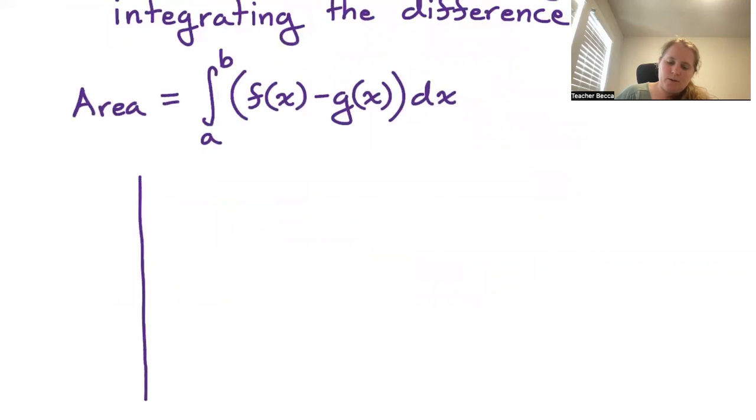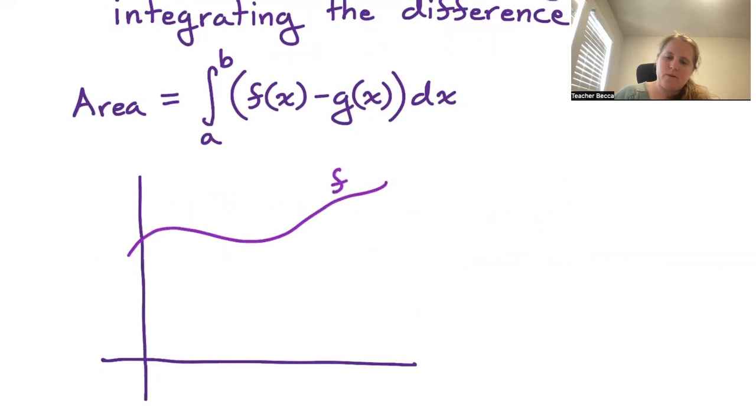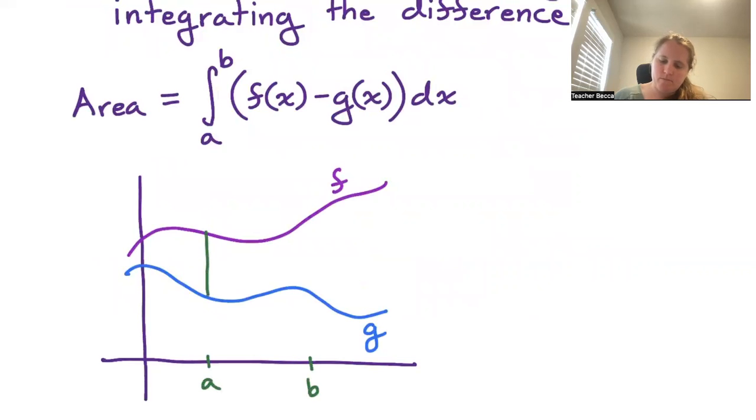Again, we can see that using rectangles. So if we draw our picture, if we have our f of x up top, g of x down below, then we are looking between a and b. We could break this up into a whole bunch of little rectangles of size delta x.